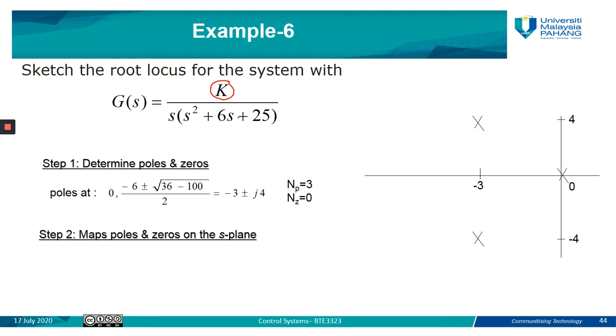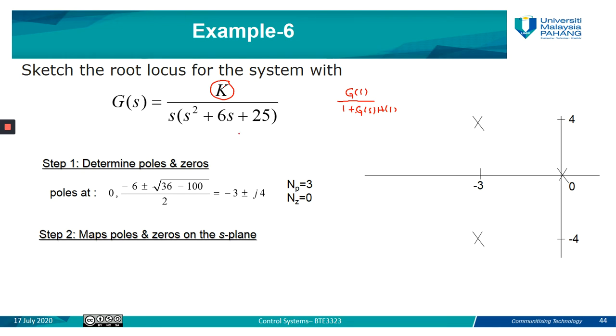As you can see in the denominator, there is no K. But if we find the closed loop for this transfer function, that means we are going to find G(s) over 1 plus G(s)H(s), even if H(s) equals 1. In this case, the value of the gain K will be involved in the characteristic equation. Thus, the changes in the K values will generate the root locus graph.